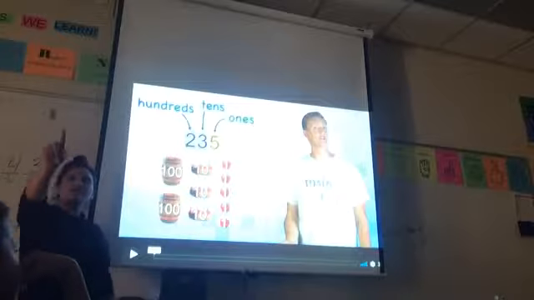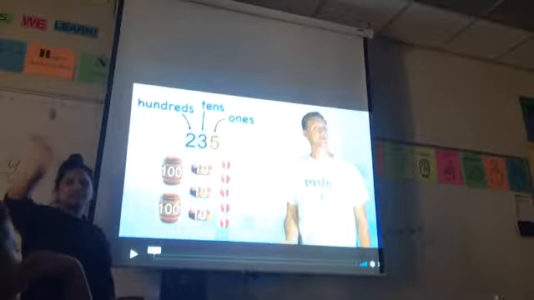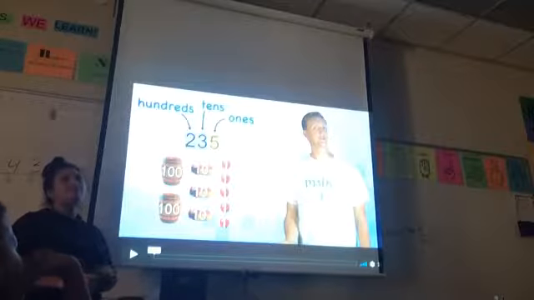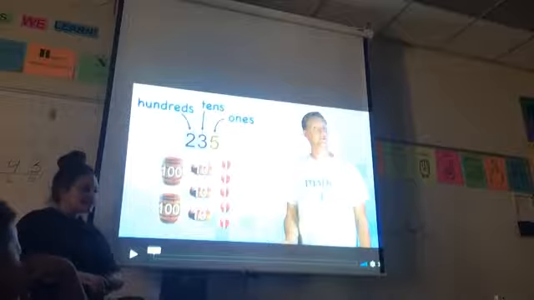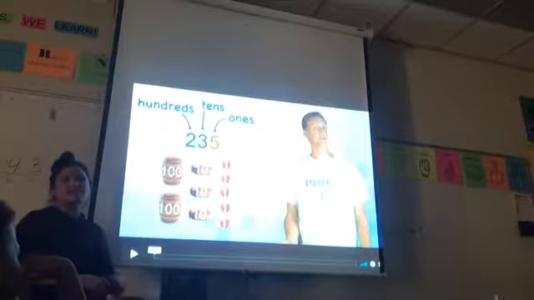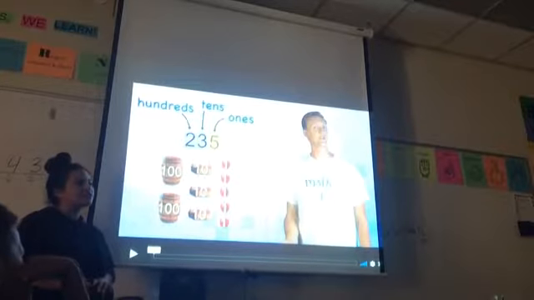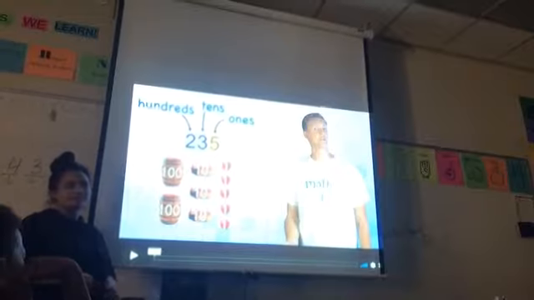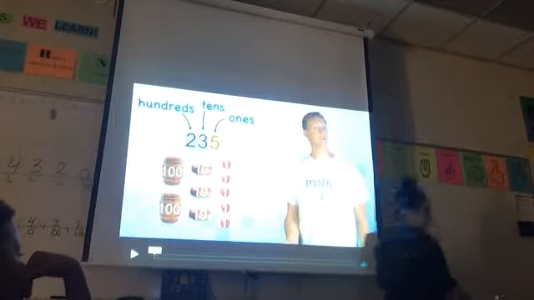Now, today what we're talking about is after the decimal point. Our decimals, right? So we have tenths, hundredths, thousandths, 10,000ths, 100,000ths, millionths. What do you notice about those words? You have the TH. Yes.